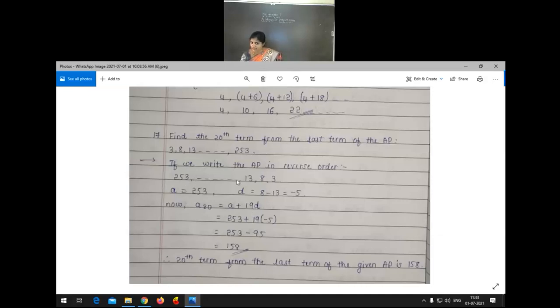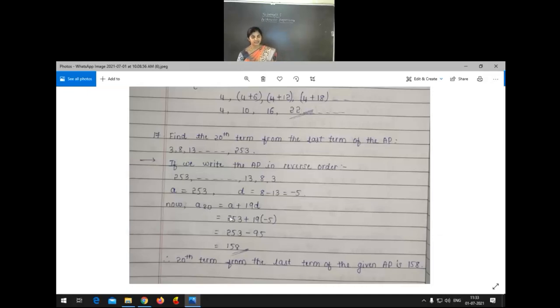If you write 253 in reverse, you get this AP. Okay, now the first term A is 253. To find the difference, take the preceding term difference, 3 minus 8 or 8 minus 13, like this only. So now 8 minus 13 is -5. Then you need the 20th term of this AP.